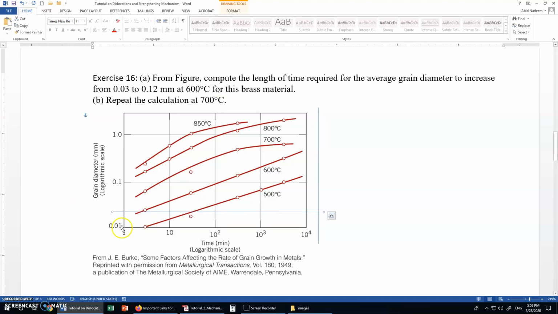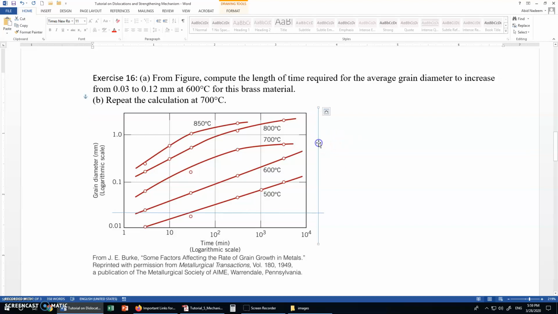The next horizontal line is 0.01, so you have to estimate where 0.03 is. If you have a ruler, you can measure the distance and locate 0.03.